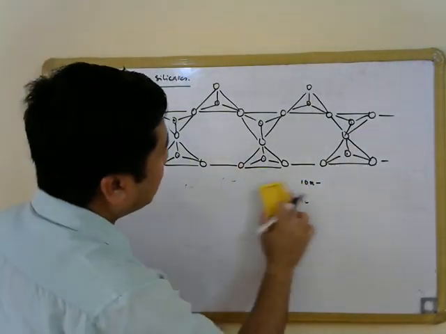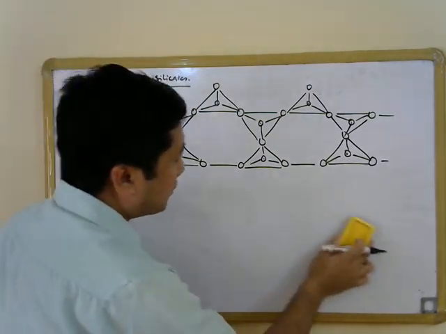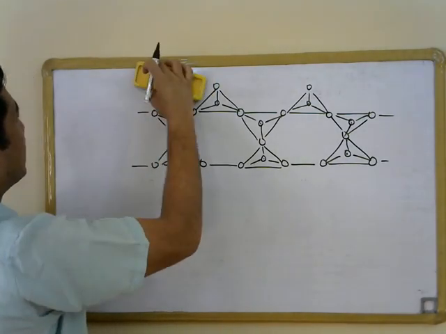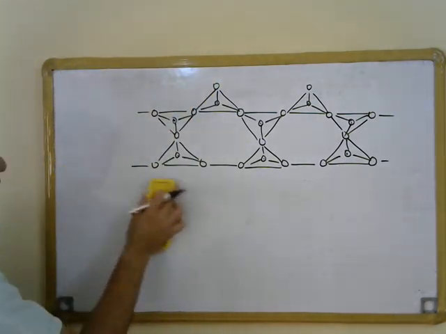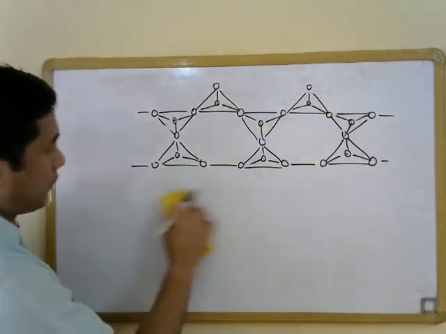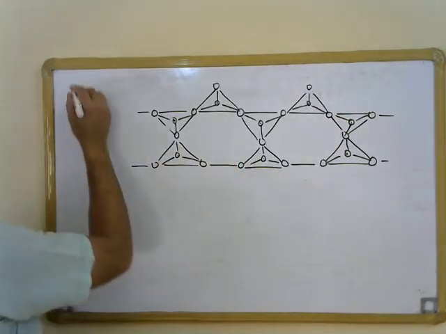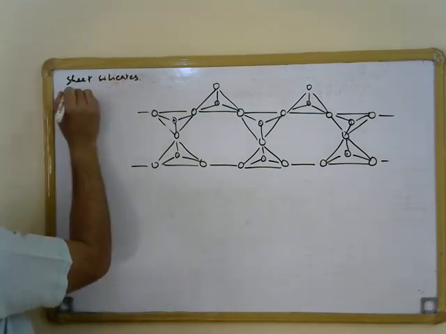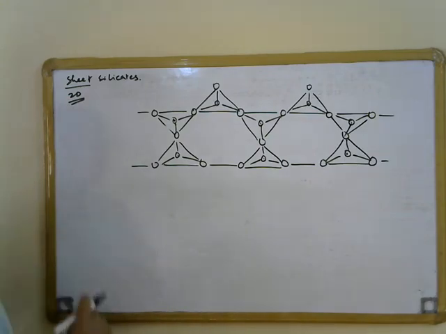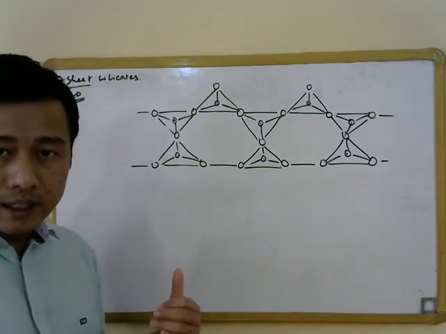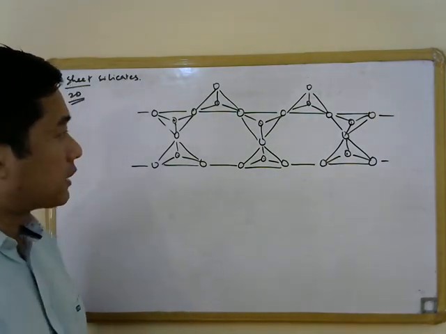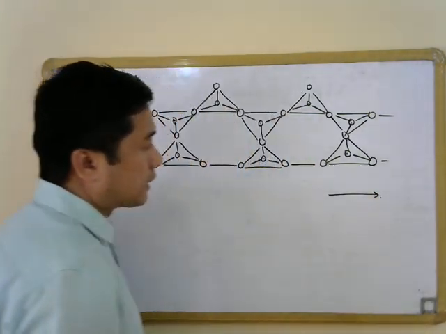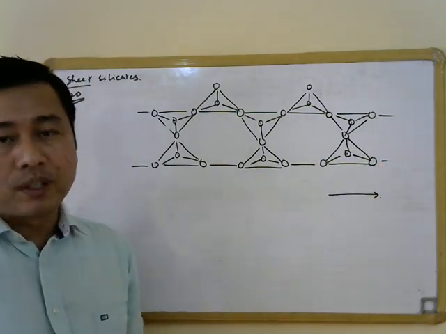We will now proceed further and see what kind of silicate minerals are possible when more than two oxygen atoms are shared per SiO4 unit. We can have formation of sheet silicates, that is, two-dimensional. Sheets are of two-dimensional nature, so we will have extended structure formation along two particular directions. In the case of chain silicates, we have seen that the extension or polymerization is happening along one particular direction.